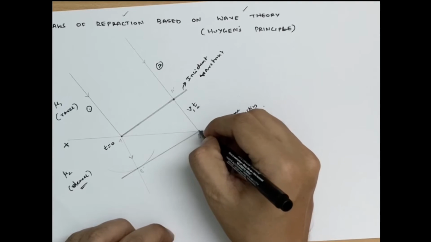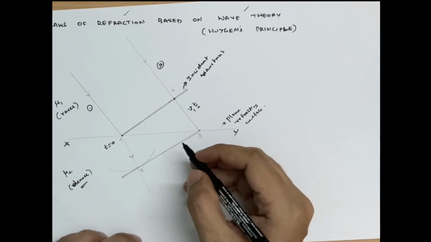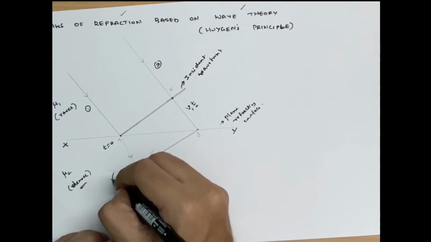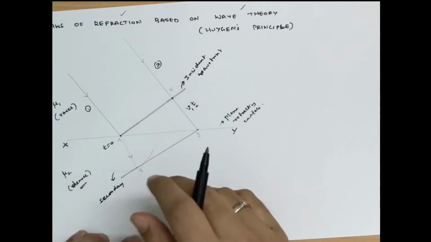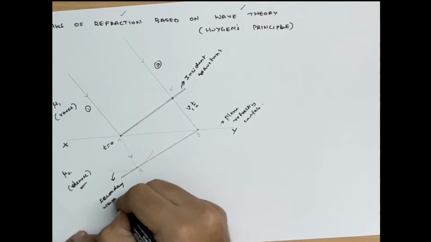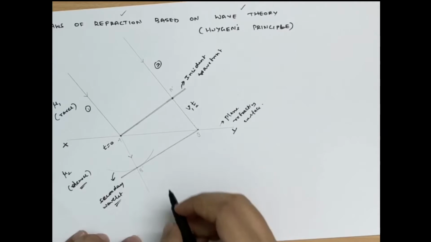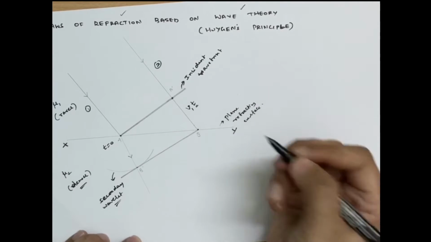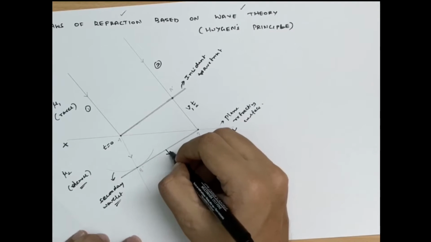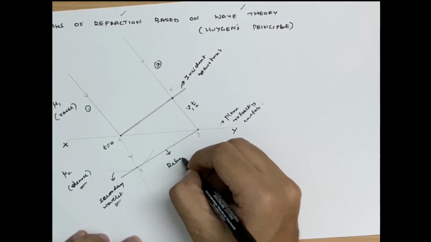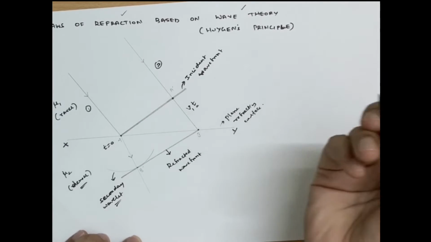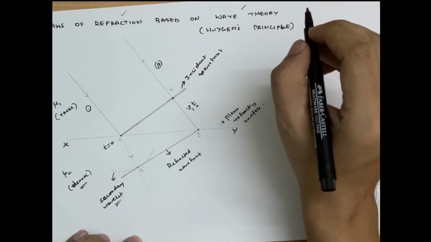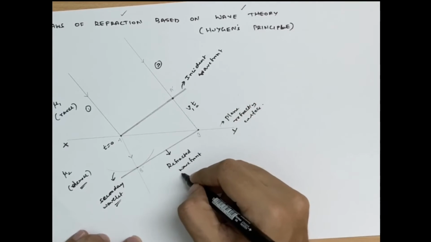From the second point of incidence, if you draw the tangent to this spherical wavefront, that is the secondary wavelet, then this will give us the refracted wavefront. Again the same logic: the tangent drawn to the secondary wavelet gives you the wavefront.